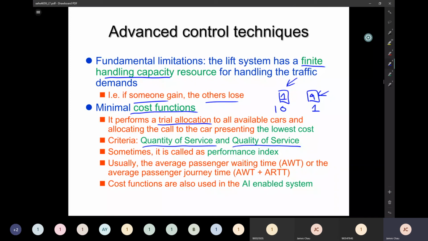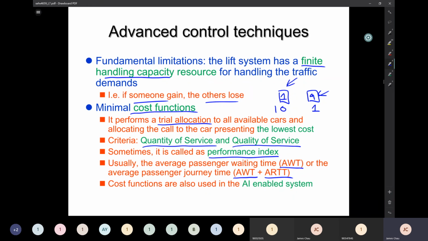Sometimes the cost function is known as the performance index. Usually, we use the average passenger waiting time, AWT, plus the average passenger journey time, so that it becomes AWT plus ARTT.